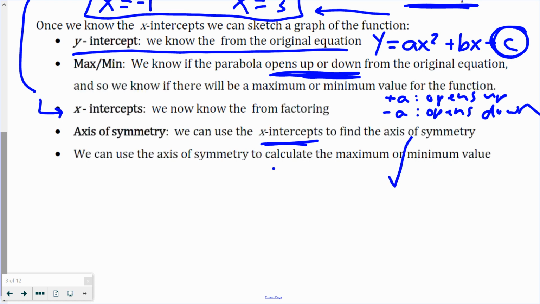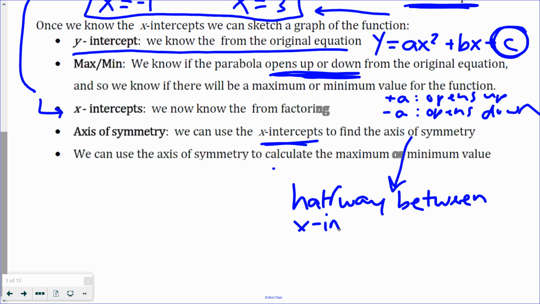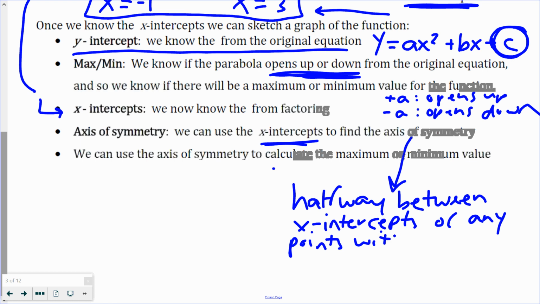And the way that we did that on the front side is going to be halfway between the x-intercepts or any 2 points with the same y value. That says halfway between x-intercepts or any 2 points with the same y value.